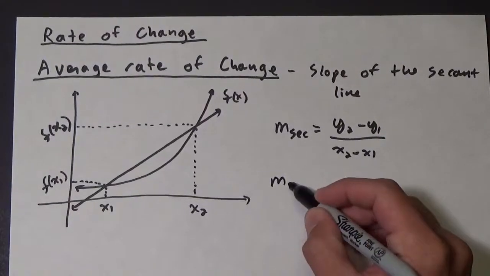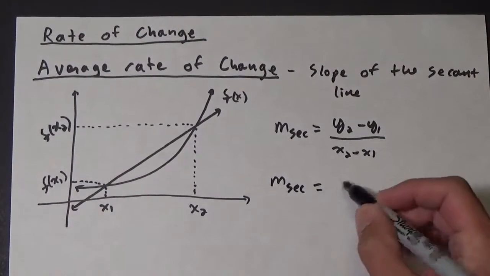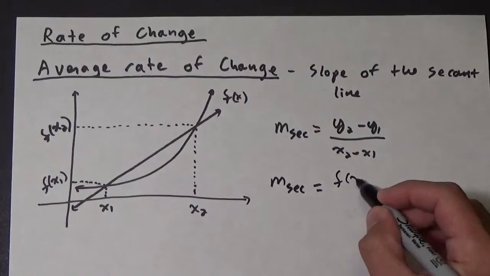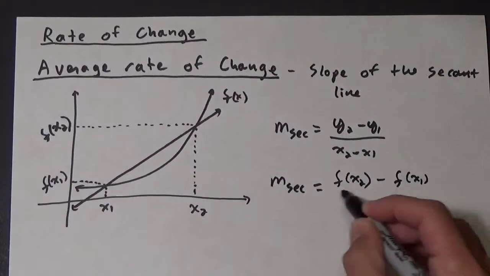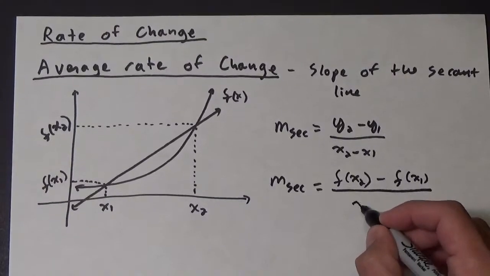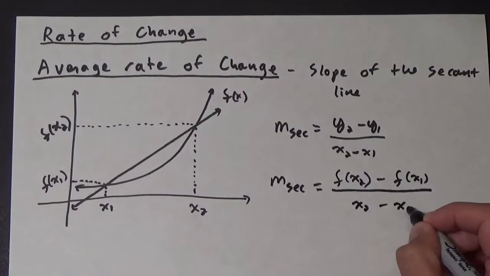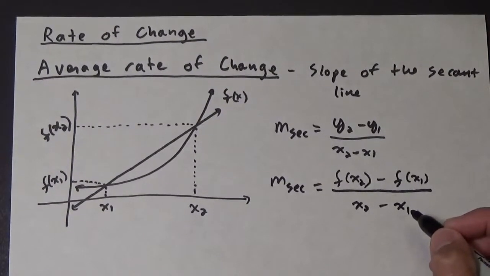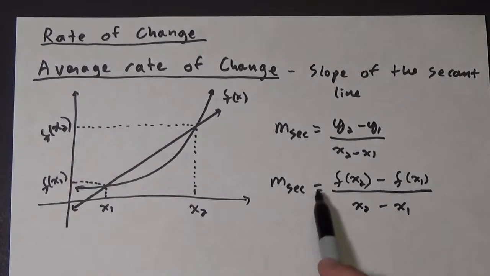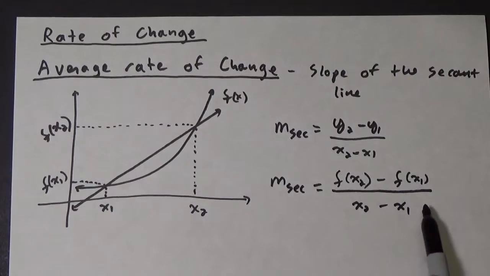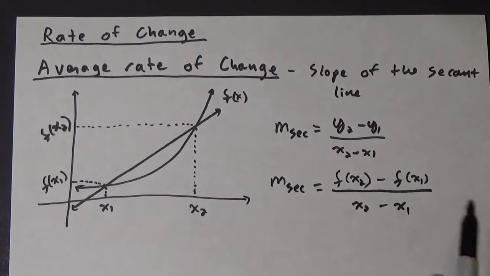So the slope of the secant line is going to be f of x of 2 minus f of x of 1 all over x of 2 minus x of 1. Okay, so this is what we're going to use as the average rate of change.